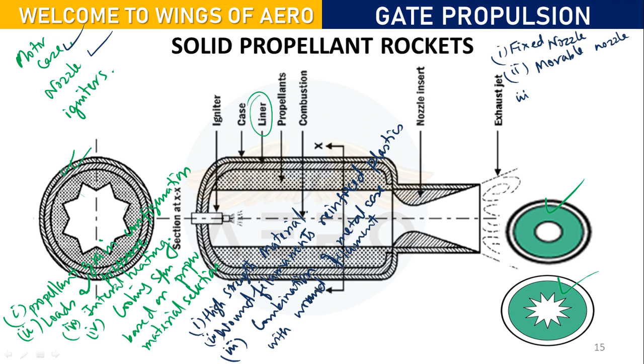Then there is a submerged nozzle. Submerged means it will be hidden, the nozzle will be hidden. Opposite of submerged, extendable, sorry, you can extend the length of the nozzle or the cross section. Okay, so these are the possible types of nozzle.